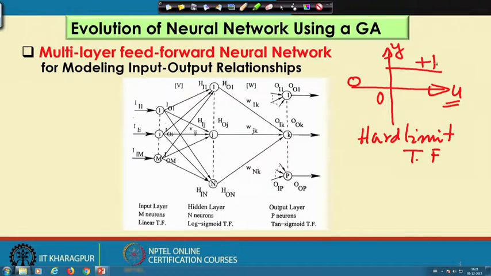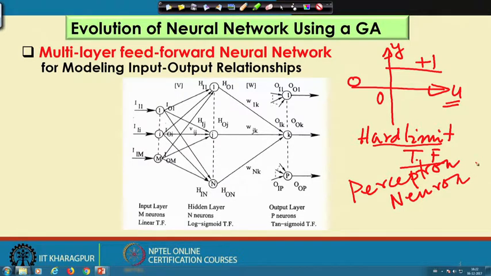So, it is some sort of on and off type of network, and this type of hard limit transfer function we generally use for the perceptron neuron. So, this is the hard limit transfer function.